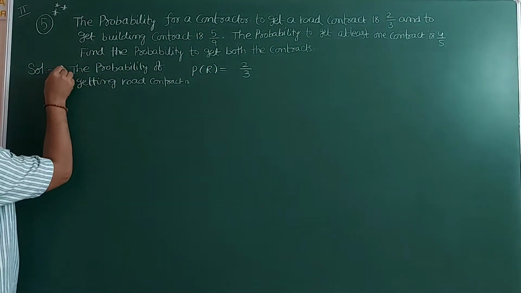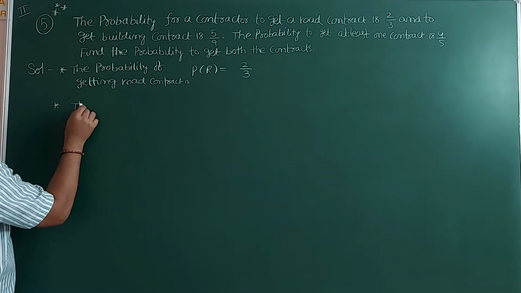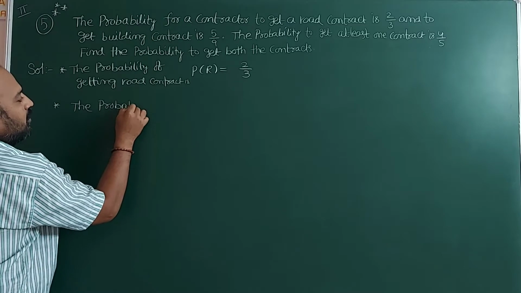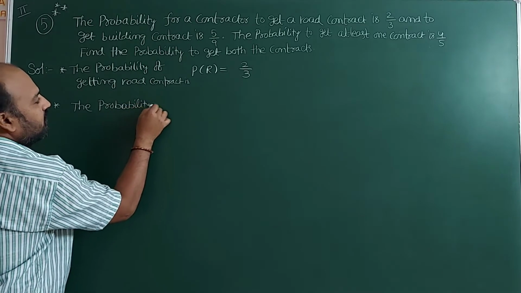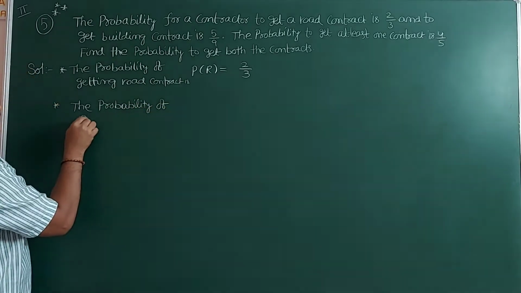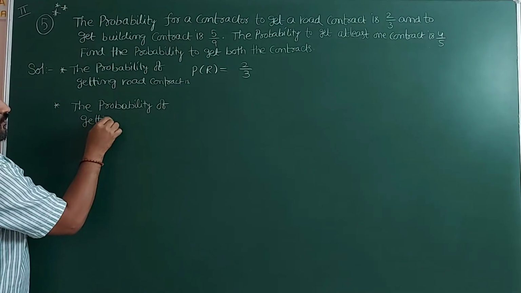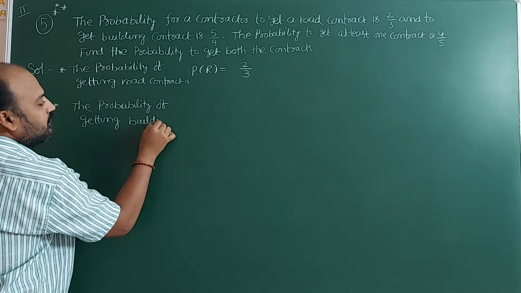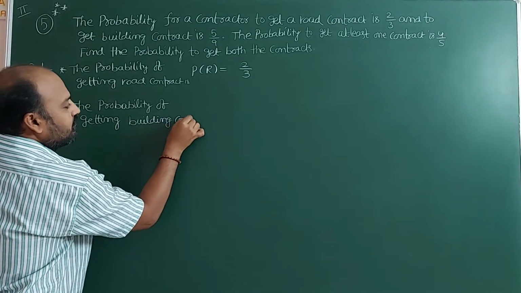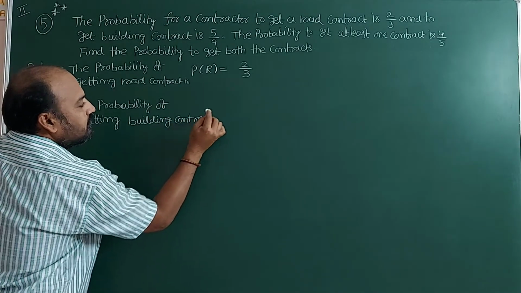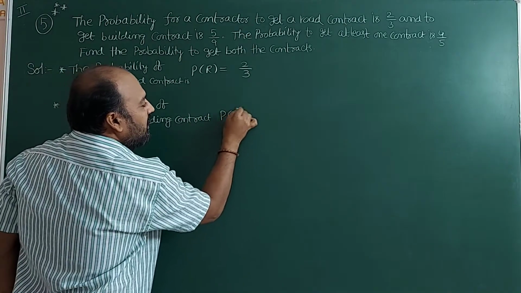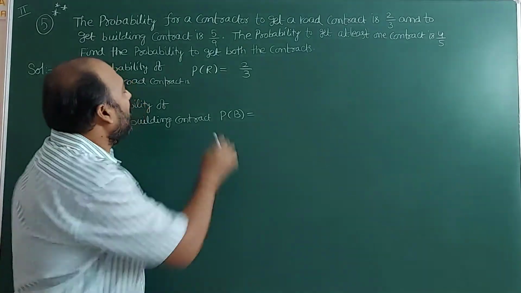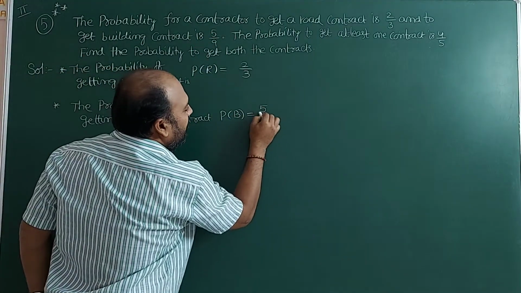This is the first step. P of B represents the probability of getting the building contract. How much is it given? 5 by 9.